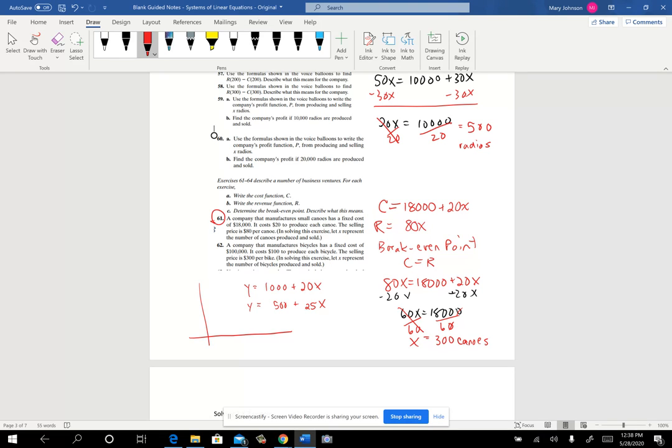Points of intersection can help you with that decision, because one of these will be a line that's rising, maybe it starts at 500 and looks like that. And then the other one would be a little flatter, but have an initial fee of 1,000. That point of intersection would give you information you need, because that's where the two have the same cost.